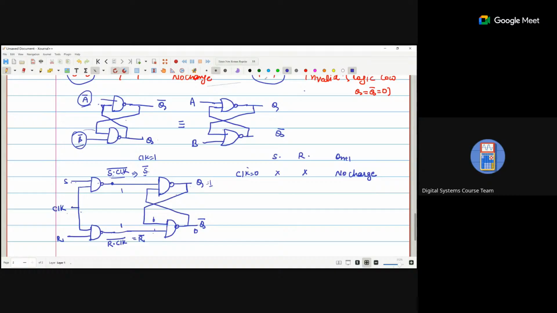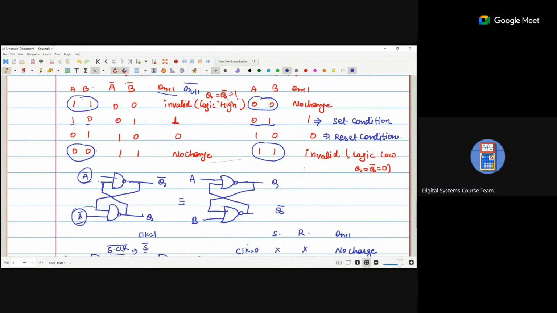Now when clock is 1, and now you apply the SR 0, 0. So what happened?